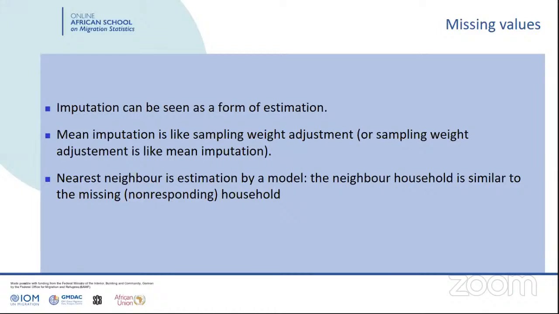So that is a common way of imputing values in sample surveys. The nearest neighbor is probably the most simple way of imputing values in a data set, and that is to use the same values as the nearest neighbor in your data set.